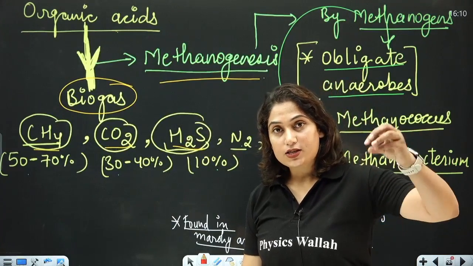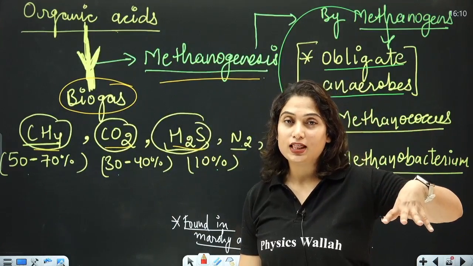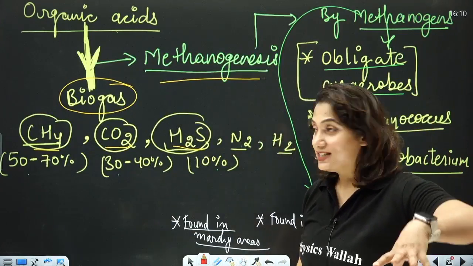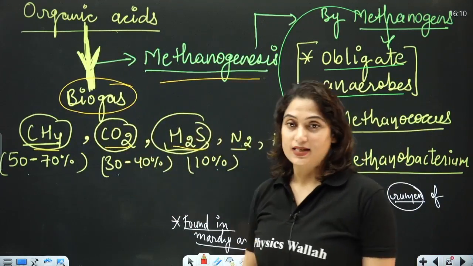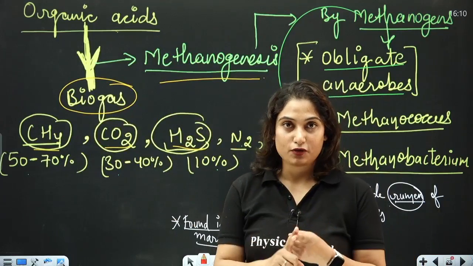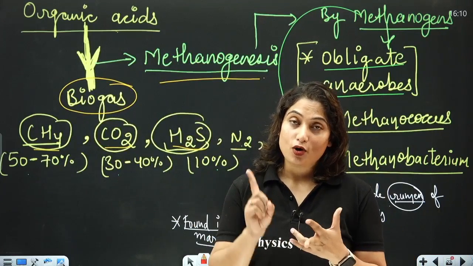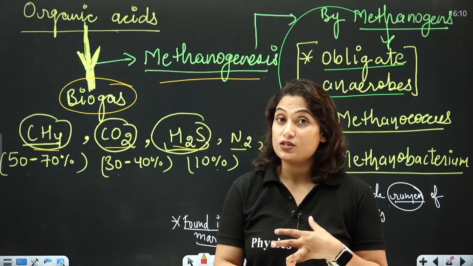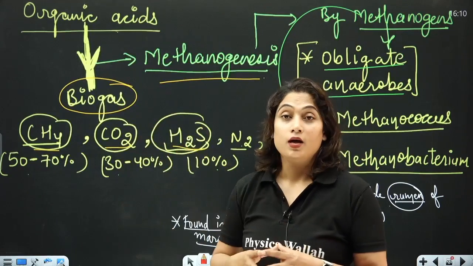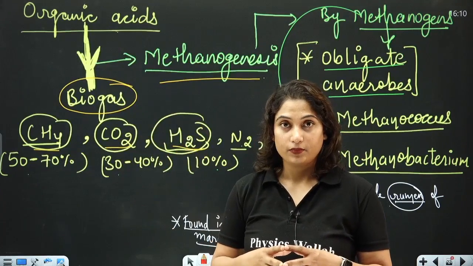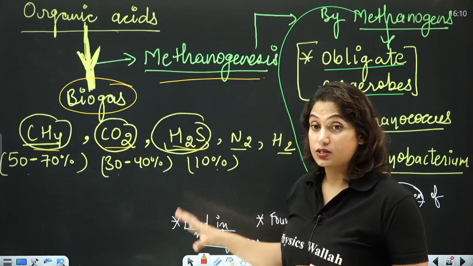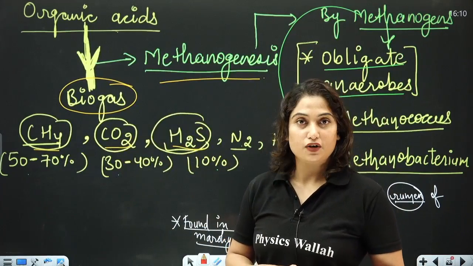Ultimately, on these organic acids, methanogens act and they produce biogas. So first of all, solubilization, then acidogenesis, then on the organic acids, the methanogens act and they form biogas.